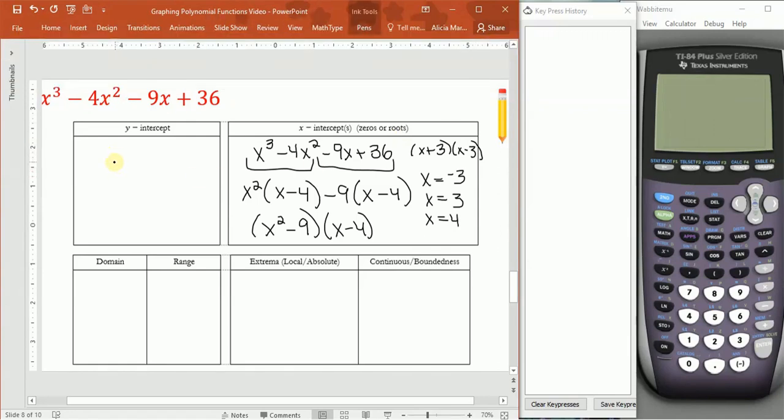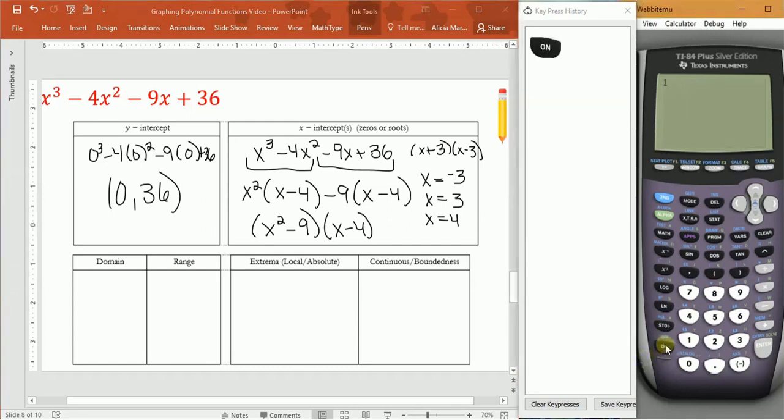Remember, to find a y-intercept, all you do is plug in 0 for x. So if I get 0 cubed minus 4 times 0 squared minus 9 times 0 plus 36, I'm going to get a y-intercept of (0, 36). That's a pretty big number. Can't do much more. Let's actually do some graphing here.